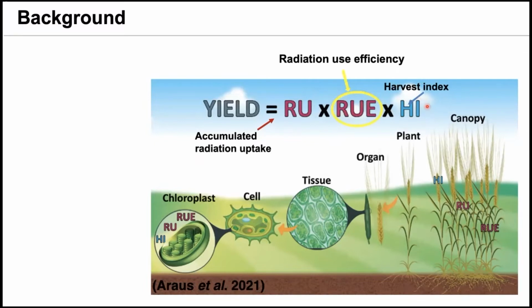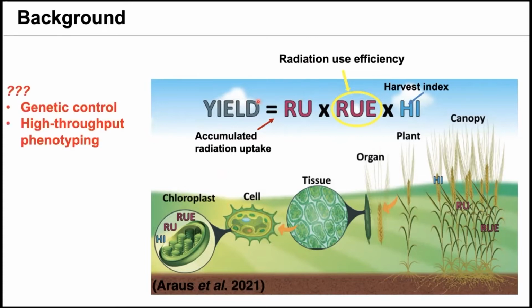As we also know that in cereals, harvest index has nearly been maximized since the first Green Revolution. And if only increasing accumulated radiation uptake can cause trade-offs, so researchers have recognized the increasing radiation use efficiency is an important avenue for improved yield further.